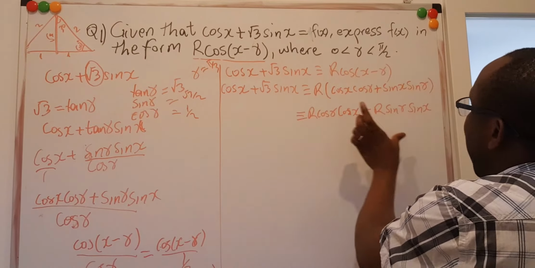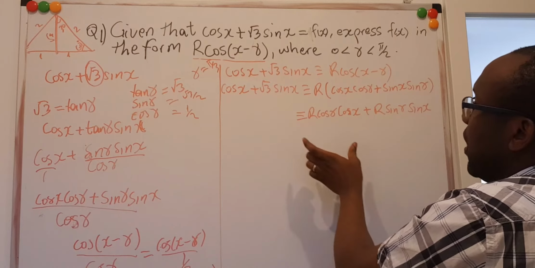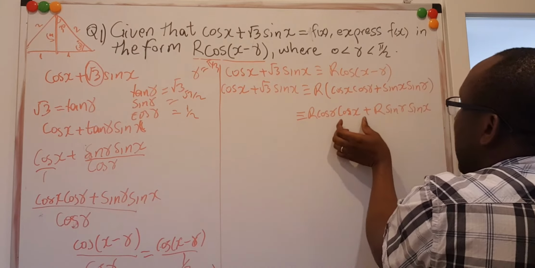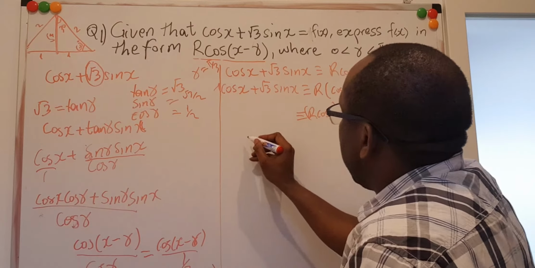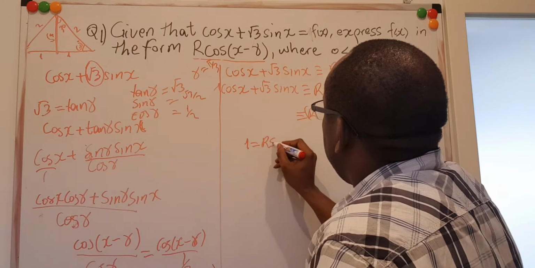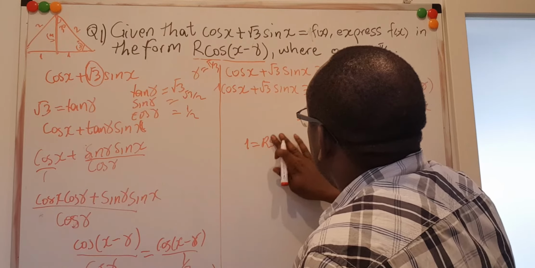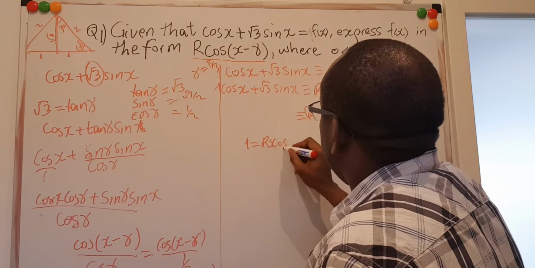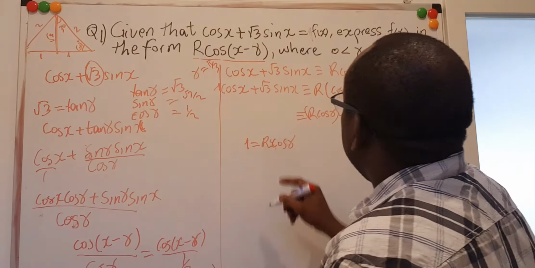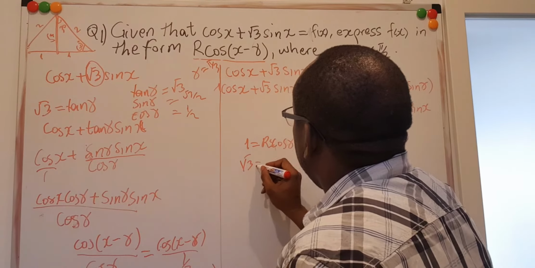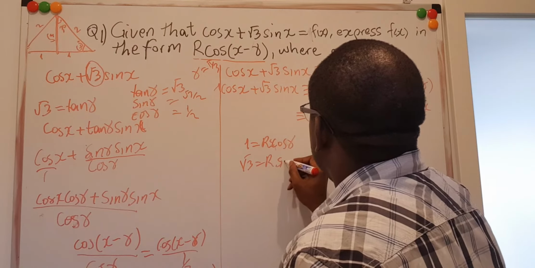Now to compare the terms. This part here is like 1 in front, so I can say 1 is equal to r cos gamma. And if I compare this and this, I see that root 3 is equal to r sine gamma.